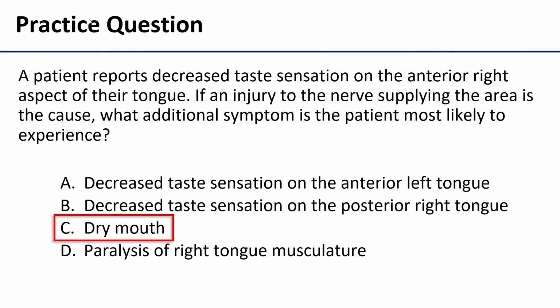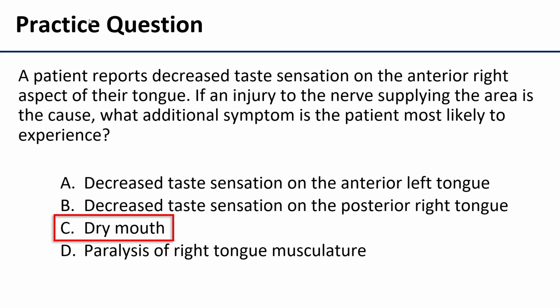All right, so we have a patient reporting decreased sensation on the anterior right aspect of their tongue. All right, we think it's a nerve injury, but to prove that to ourselves, we'd like to see some additional symptoms. So what symptom of these is most likely to experience?